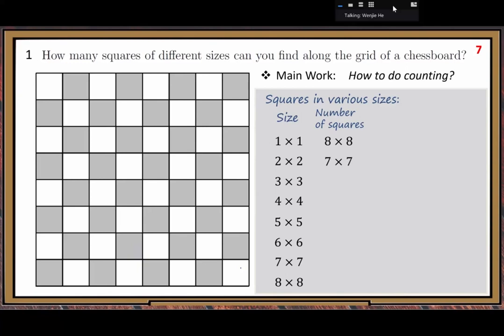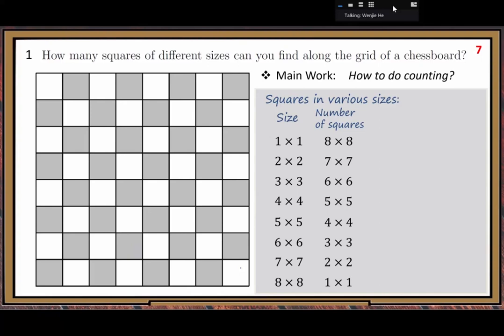Then 2x2, 7x7, and so on. After you observe the rule, it's very easy to get the counting numbers for all 8 categories. But the next question: look at the data in these 2 columns and compare a little bit.